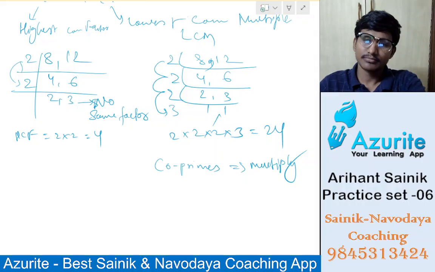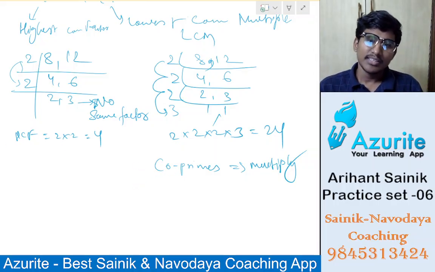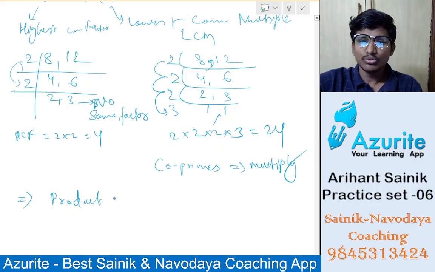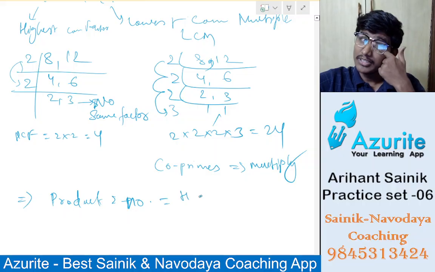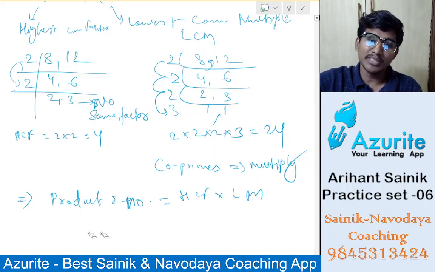Sir, 2 fives are 10. Yes. So here, the product of two numbers is what? The product of HCF and LCM. HCF into LCM. If you want to find one number, what you have to do?